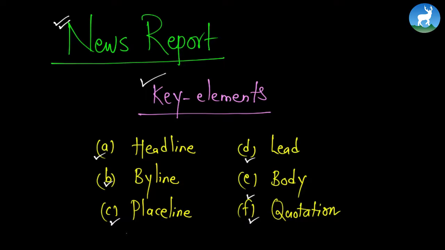Now, one by one, let us study, analyze and understand what these different elements mean. So these are the 6 different elements that we use whenever we are writing about any kind of news, right? So let's start from the headline.